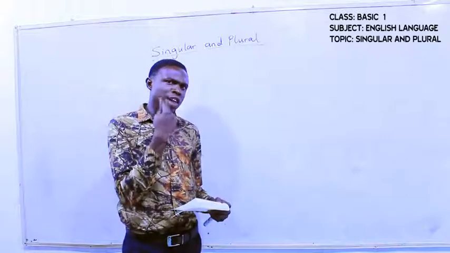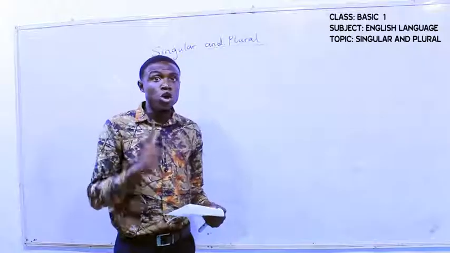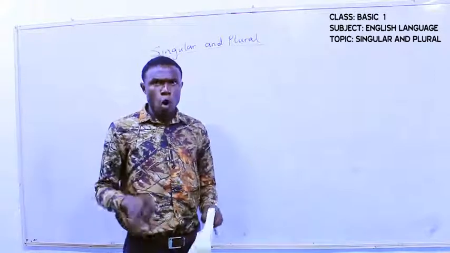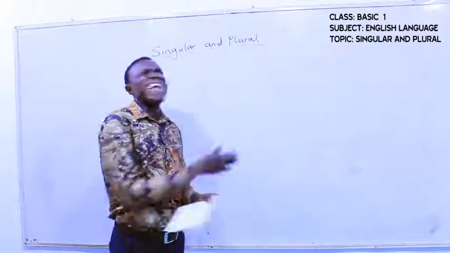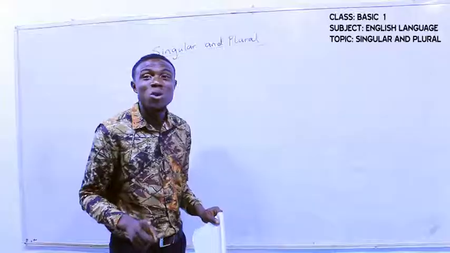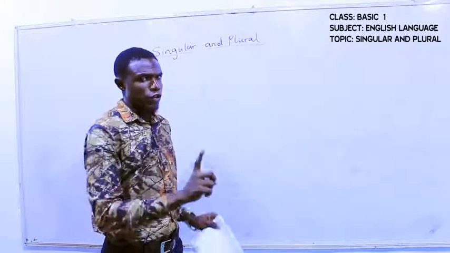The teeth inside your mouth, if you can count them, you will see that they are more than one, so we'll say that they are plural. Anything in this world that is more than one is what? Plural. But only one is singular.